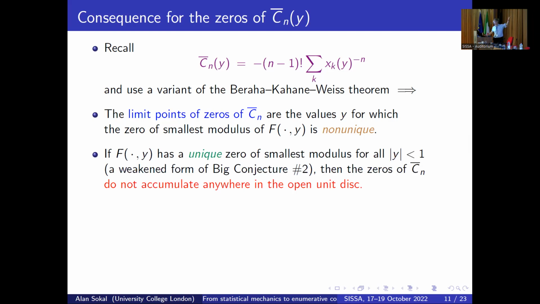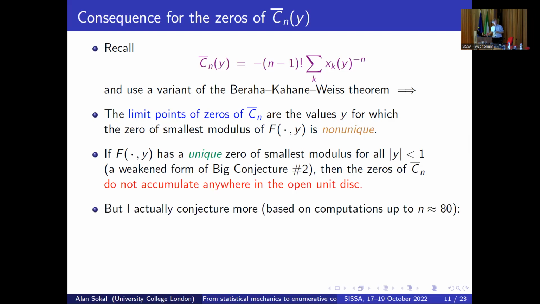But my hypothesis, conjecture 2, in fact a weak form of conjecture 2, says that there's a unique zero of smallest modulus everywhere in the unit disk. So that means, if that's true, the zeros of C bar n don't accumulate as n goes to infinity anywhere in the open unit disk. They, as n goes to infinity, run to the boundary.